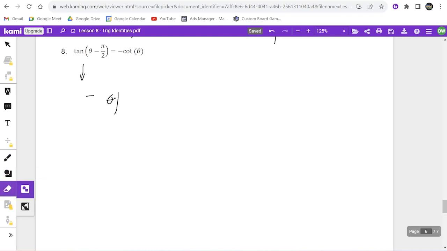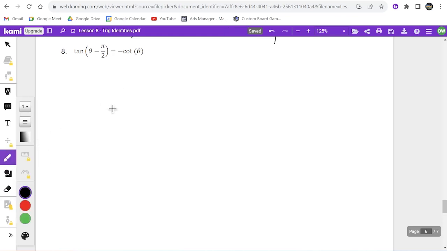Shoot. The secret is, just like we would do back in transformation days, you're going to have to factor out the negative here. So really, it's tangent of negative, pi over 2 minus theta, close parenthesis, close parenthesis. And that is what we're going to work with now.